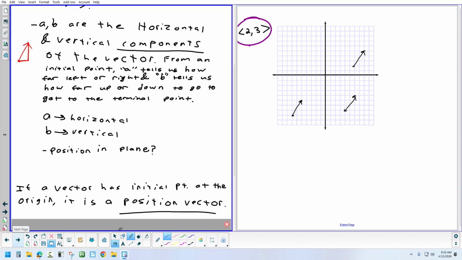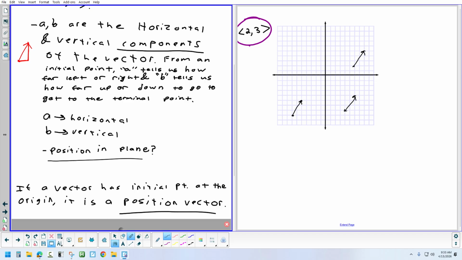So again, that notation doesn't tell you where to position the vector in the plane. But if I asked you to draw something as a position vector, then I have told you where to start from. So you need to know that a position vector starts at the origin.